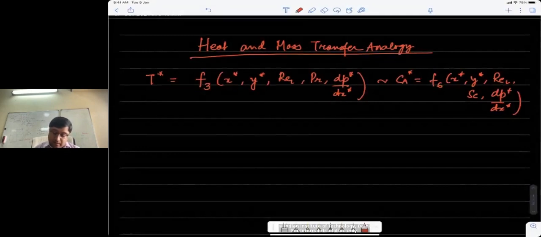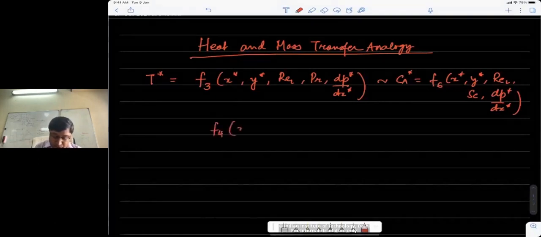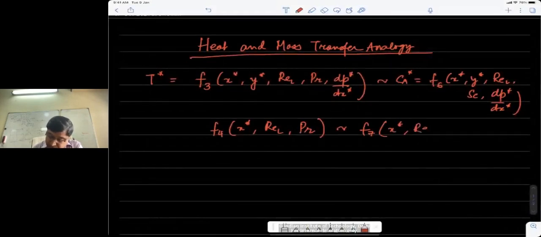Similarly, if T star and C star have the same functional form, clearly their derivatives at the wall would also have the same functional form, which means that F4, which was a function of x star, REL and Prandtl for a given geometry, where dp star dx star is known from the free stream solution so I'm not going to write that again, should also be similar to F7 of x star, REL and Schmidt.